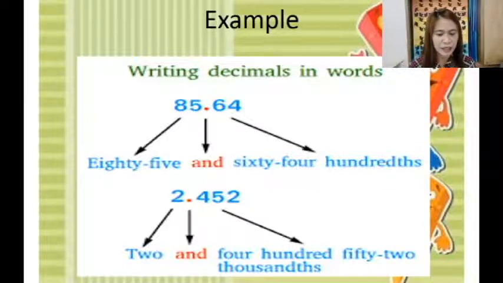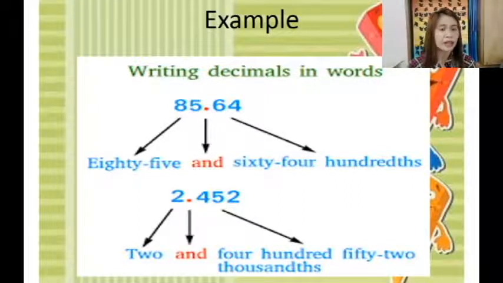Okay, the second given, we have 2 and 452 thousandths. See, 4 again is in tenths place, 5 is in hundredths place, and then see 2 is in thousandths place. That's why we have 2 and 452 thousandths.